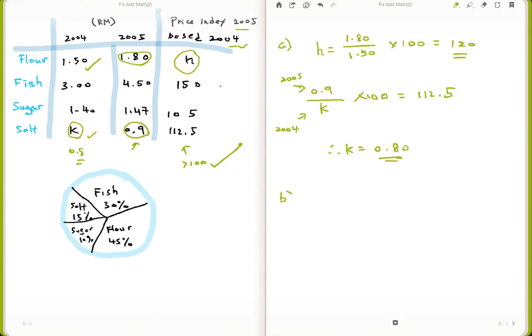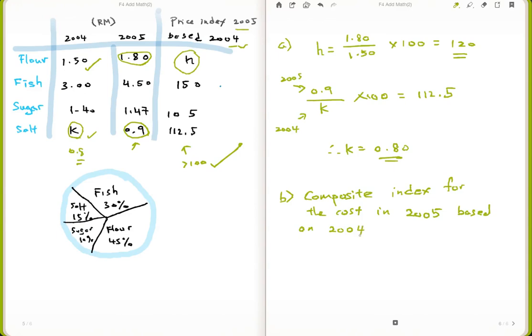B, they ask for the composite index for the cost of making this material in the year 2005 based on the year 2004.